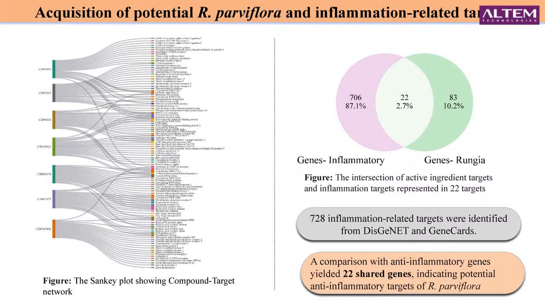The top 20 hits for each of these 7 compounds were selected based on the highest probability. And overall, a total of 140 ingredient-related targets were identified from the Swiss Target Prediction database, and the compounds and their corresponding biological protein targets were analyzed using this particular Sankey graph.